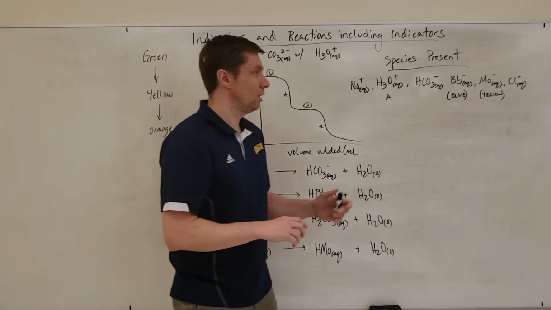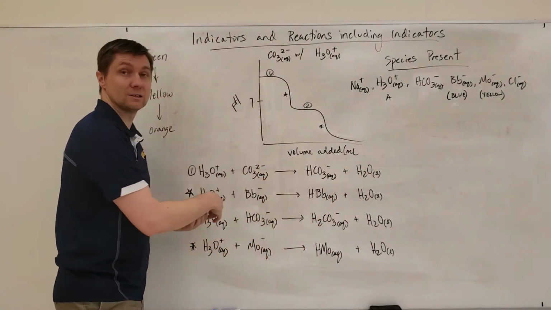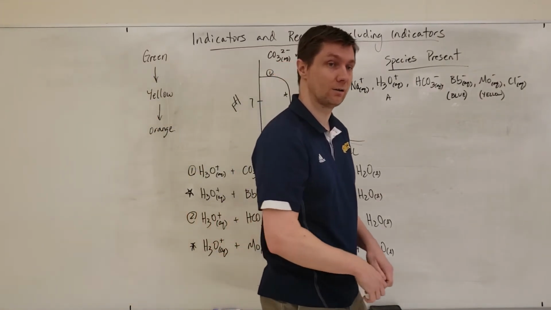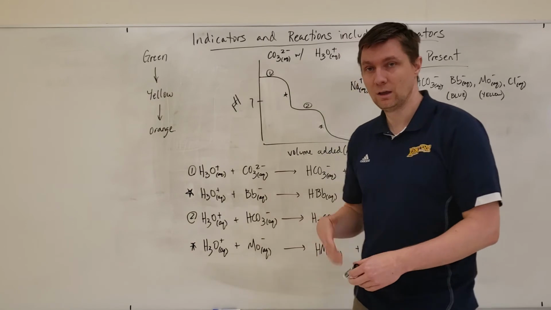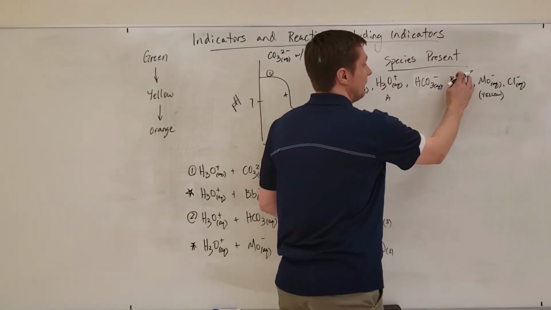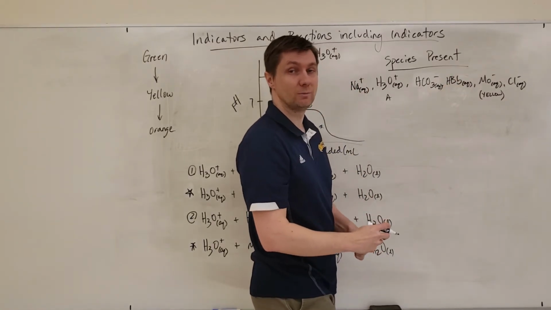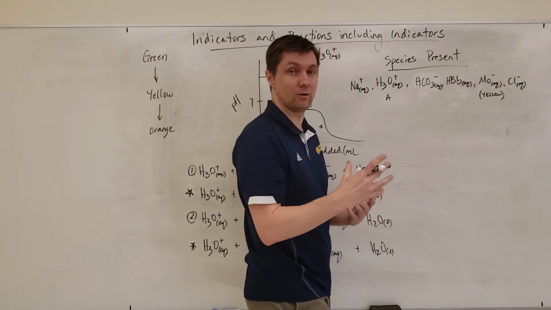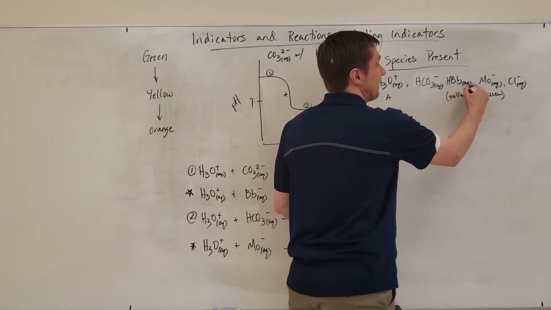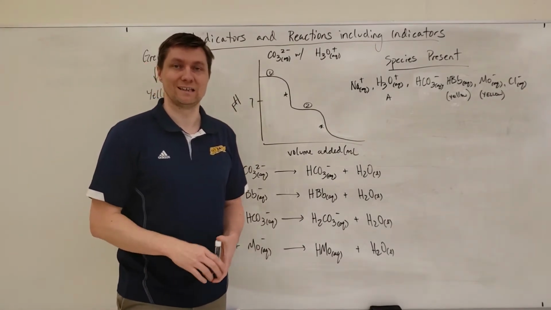Eventually, when this reaction is all done, the Bb- ions are all gone, and all I have is HBb. If you look in your acid-base indicator table in your data booklet, you'll notice that the HBb molecule is a yellow color.